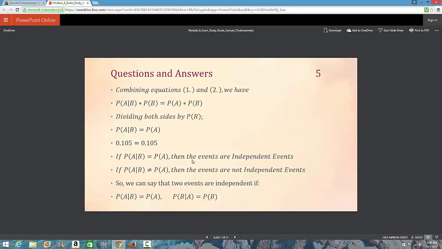So whenever we say that two events are independent, we have some conditions.